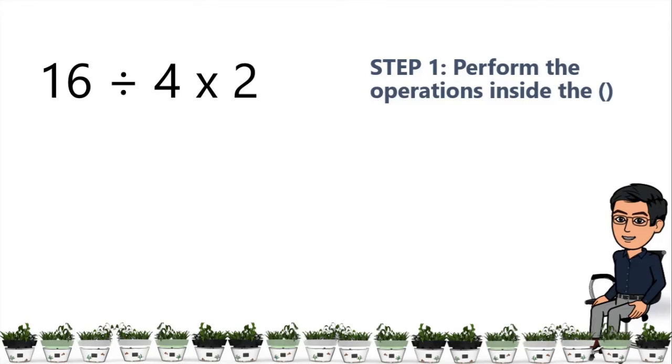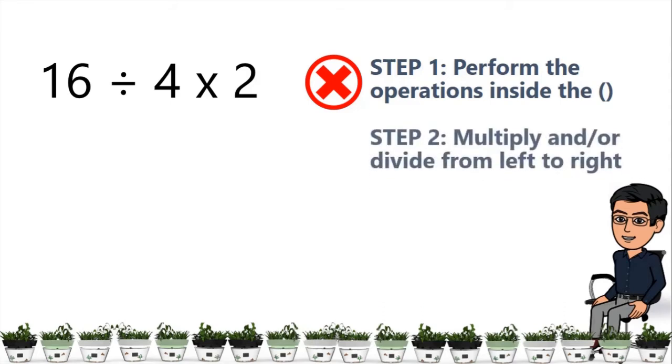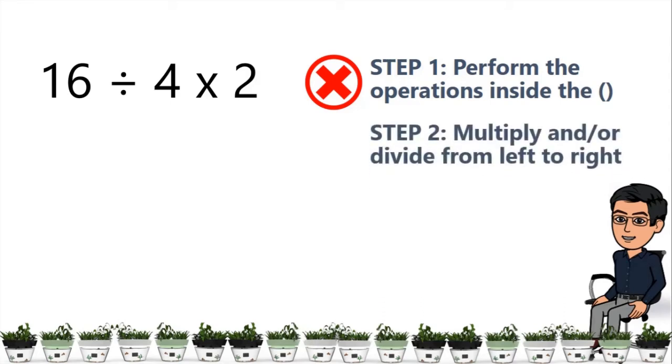So therefore, step number 1 is X. How about step number 2? Multiply and or divide from left to right. Do we have multiplication and division in our problem? Yes. So that means step number 2 is a yes.